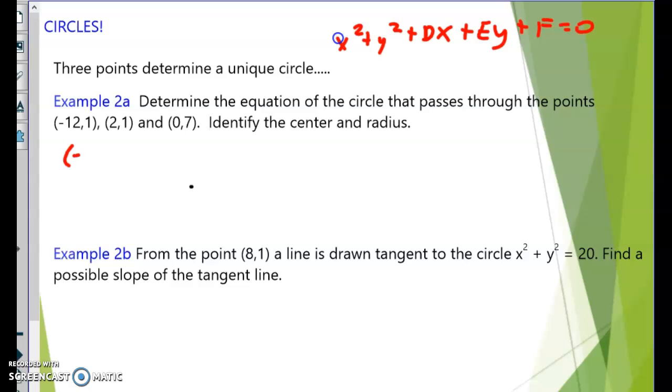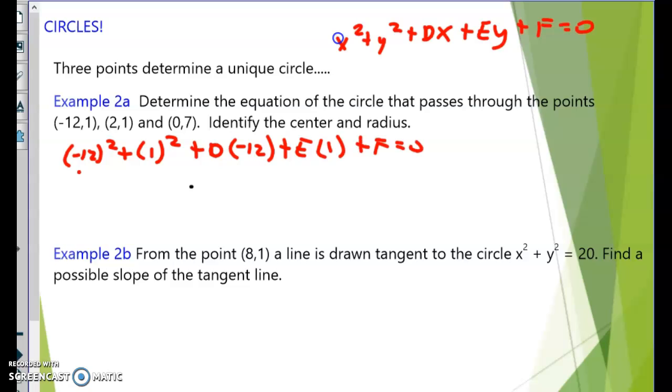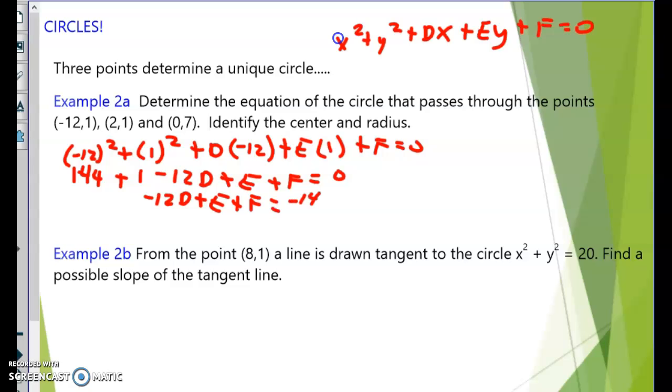If I put it in, I'm going to get negative 12 squared plus 1 squared plus d times negative 12 plus e times 1 plus f equals 0. And so I get positive 144 plus 1 minus 12d plus e plus f equals 0, or negative 12d plus e plus f equals negative 144.